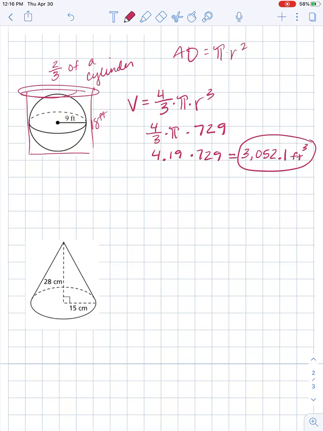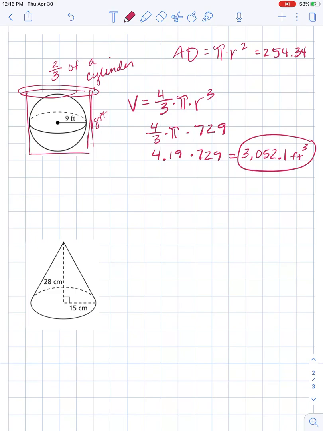Our radius is still 9, so 9 times 9 is 81 times 3.14. So the area of the top of the cylinder would be 254.34. And then we just multiply that by the height.